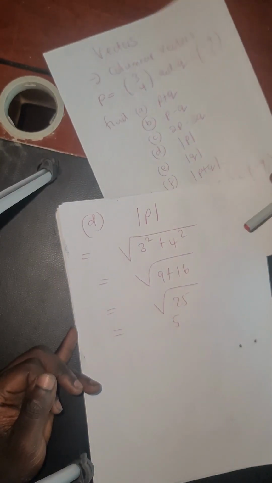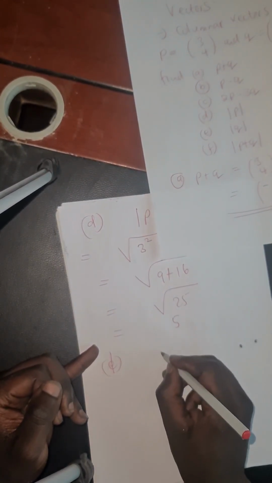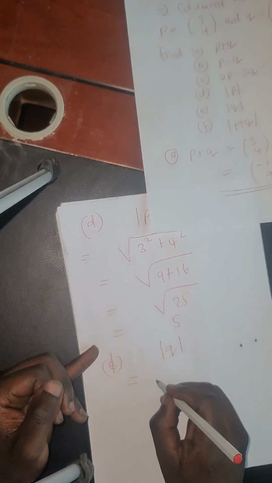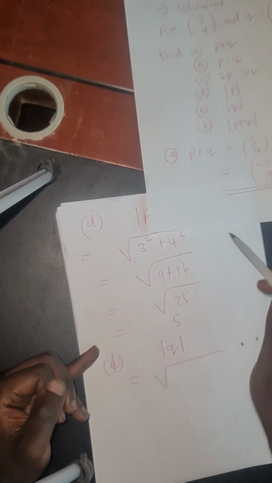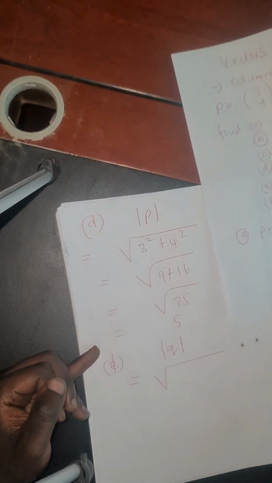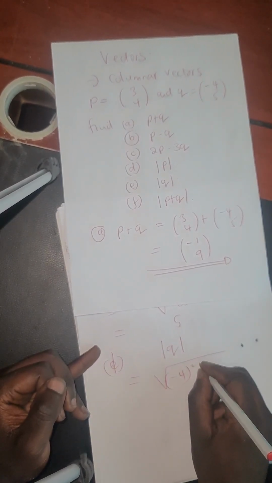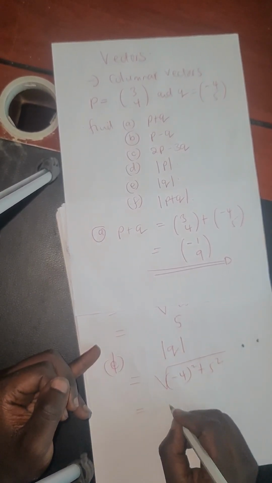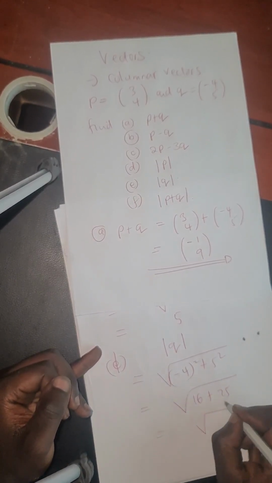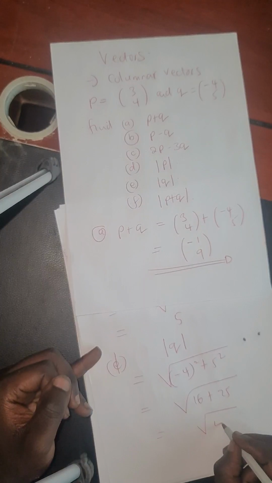Okay, fine. We also want to find E, modulus of Q. Modulus of Q is the distance, and Q is the vector (-4, 5). So -4 squared plus 5 squared, that's going to become 16 plus 25, which is 41.